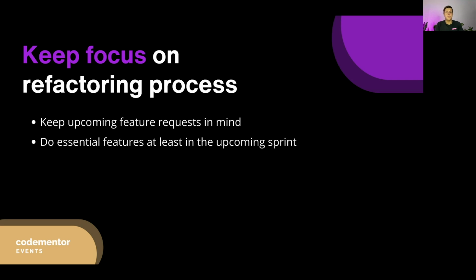However, it doesn't mean a total block for any features in the list. I usually pick up a low-hanging fruit since it takes no effort, but adds some value for the business, unrelated to the refactoring process. So it's definitely helpful to give some value to the customers.